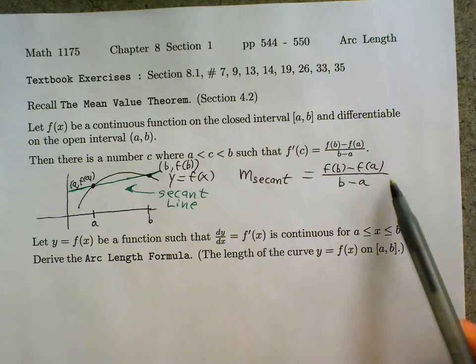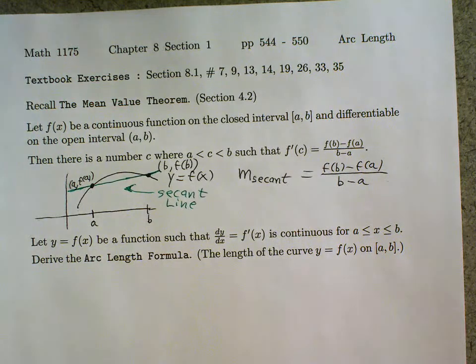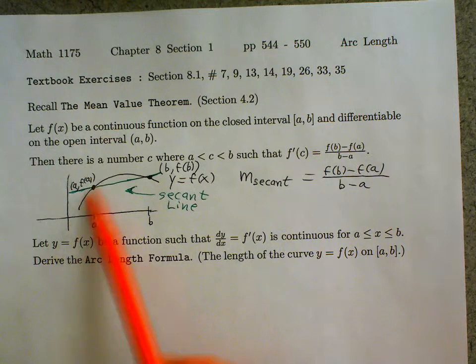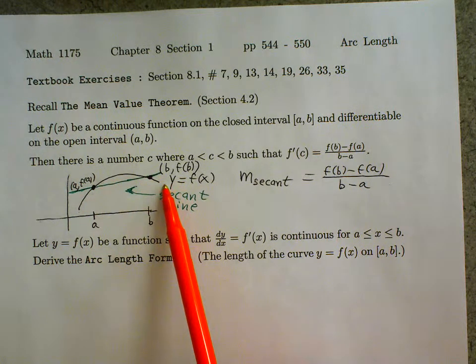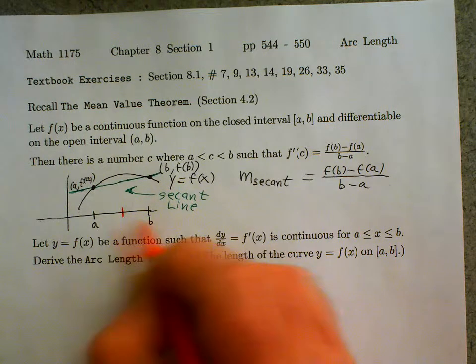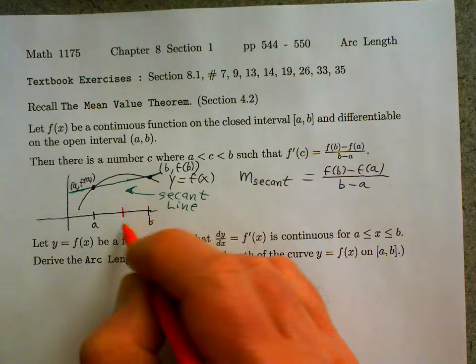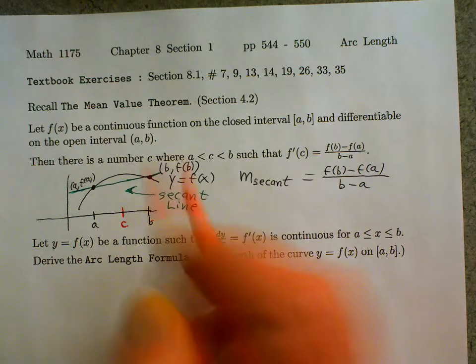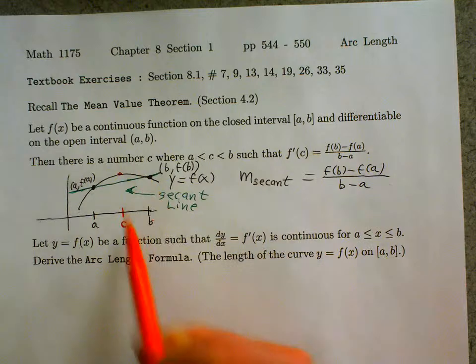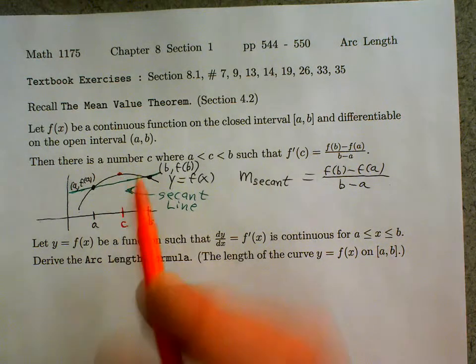Now, the mean value theorem says if you have a continuous function f that's differentiable, then there exists some number c in the interval from a to b, and a point on the curve that corresponds to that, the point c, f of c.